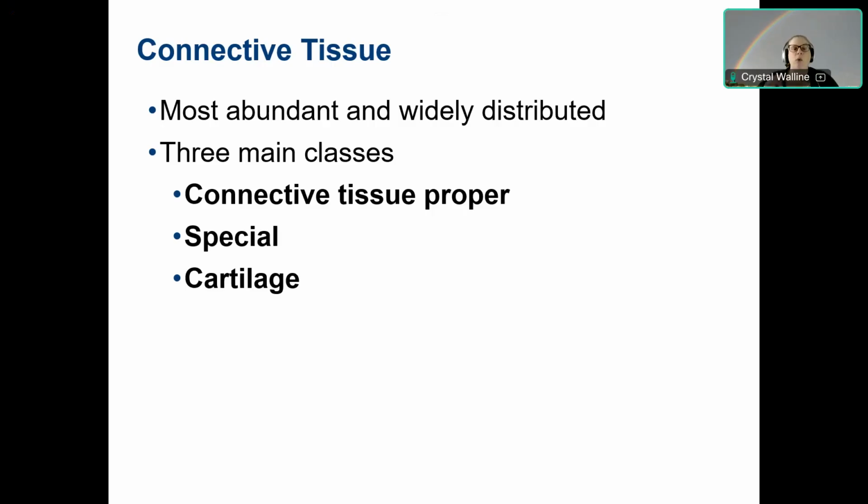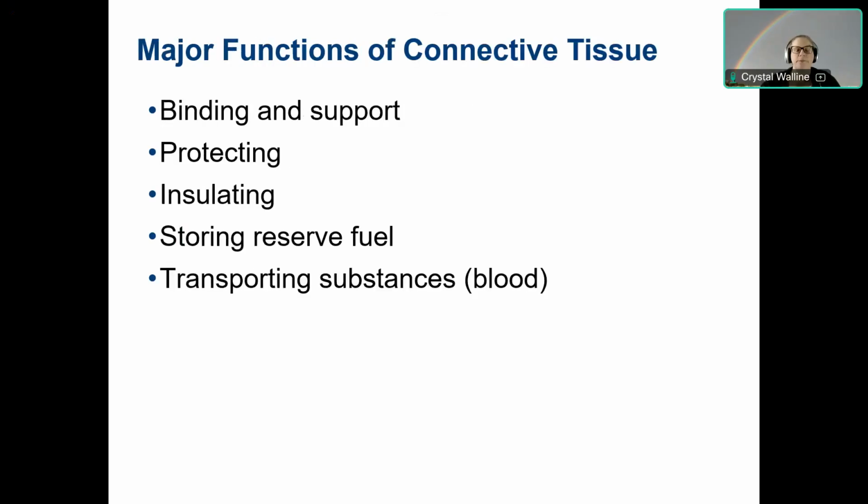So we're going to start off by talking about proper connective tissues. Before we do that, let's talk a little bit about the major functions of connective tissues. They're there for binding and support. Connective tissues connect other tissues to each other.